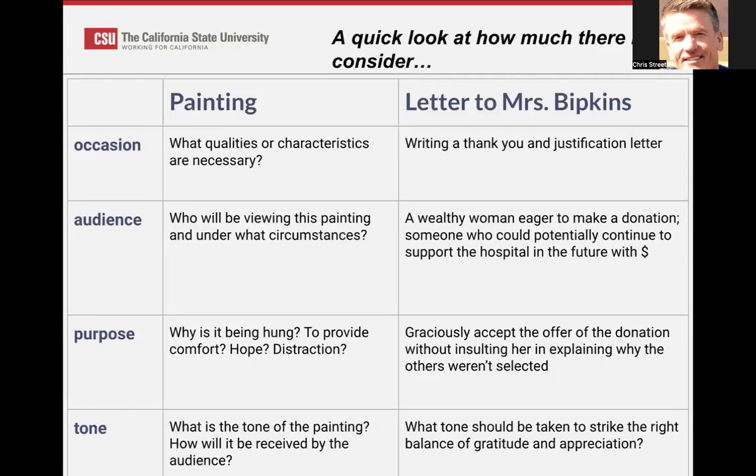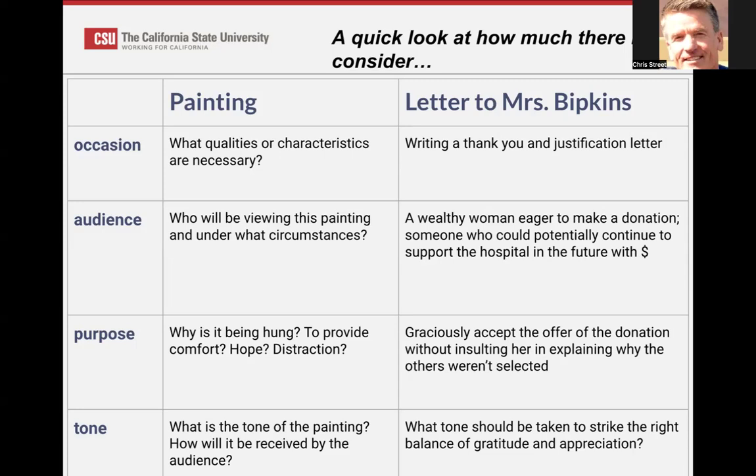So let's take a look at this. Let's first of all look at the painting. So the painting, the occasion of having a painting on a wall, what qualities, what characteristics are necessary for that painting to serve its purpose. That's our idea of the occasion as it relates to the painting. We have an audience for the painting that we need to think about.